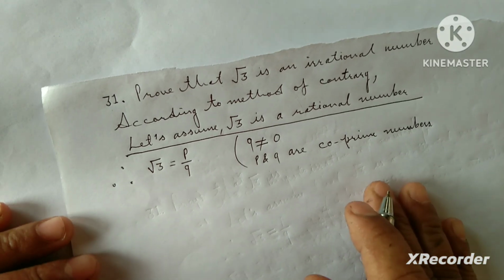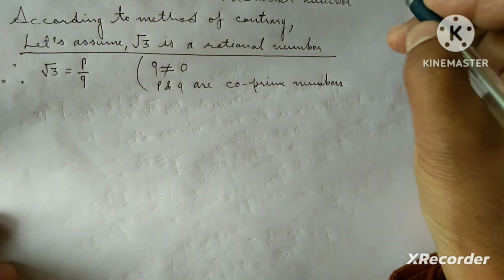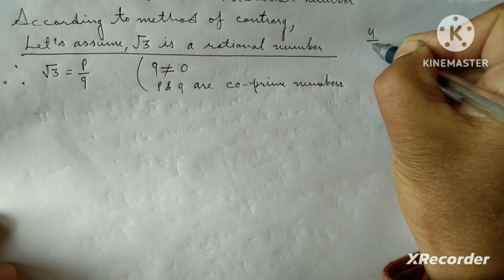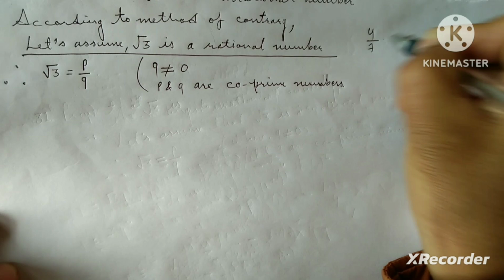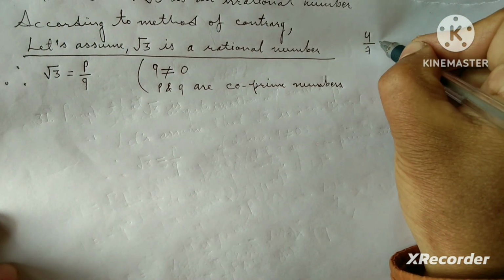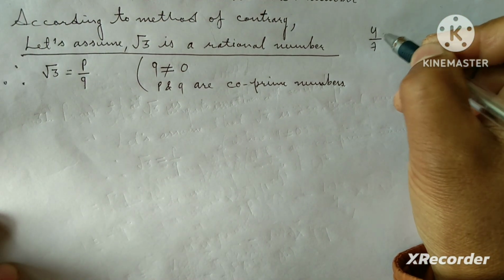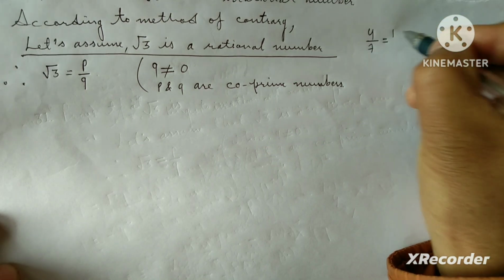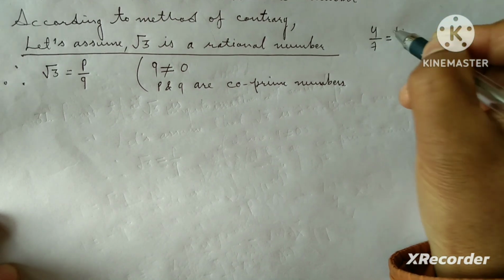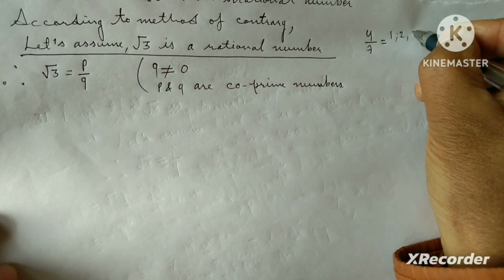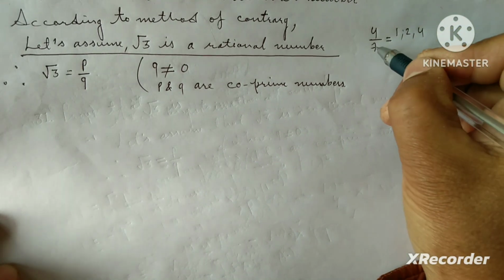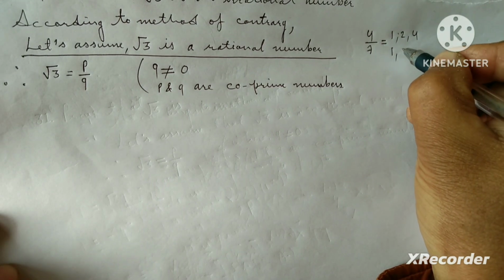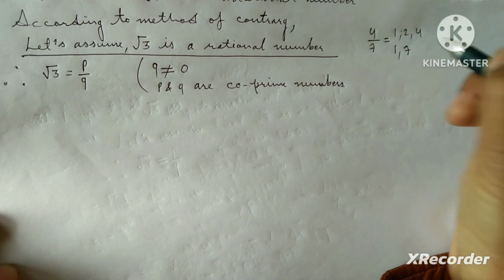Okay, let's take an example. Suppose here is a rational number 4 by 7, and we know that 4 is divisible by 1, 2 and 4 itself. Similarly, 7 is divisible by 1 and 7 itself.